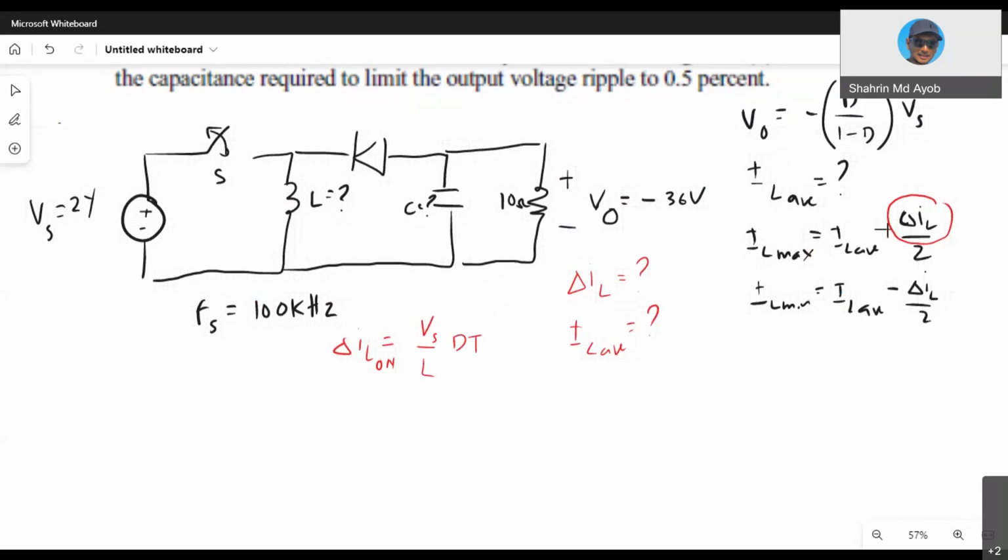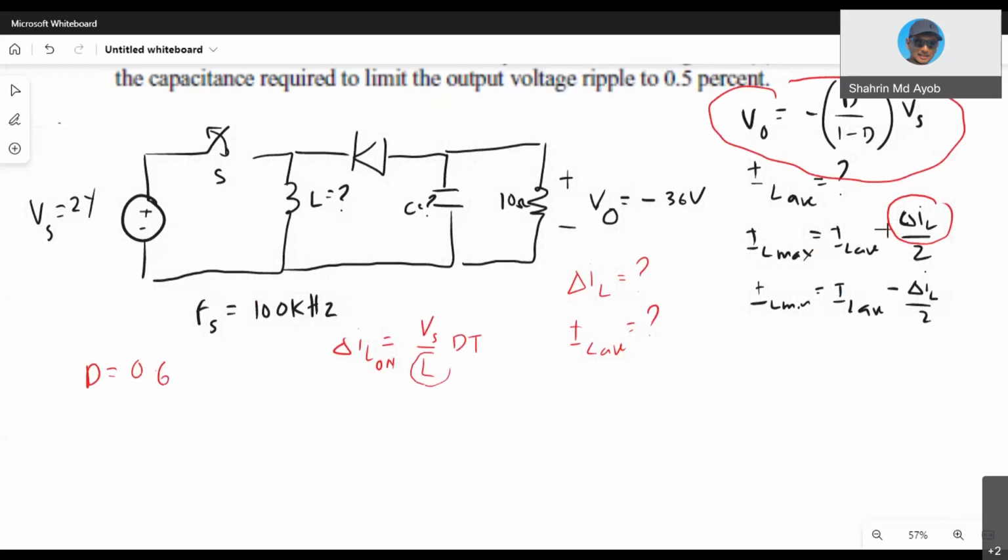But the problem is I don't know the L. The duty cycle can be computed, right? The duty cycle is 0.6. You can compute it using this equation. But we don't know L. The T is also given, which is 1 over 100K.